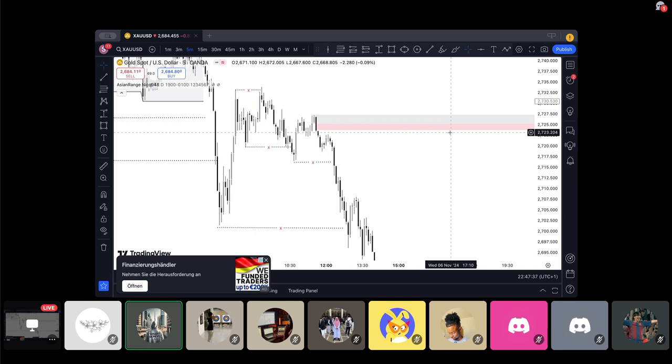You should be paying more attention to going short and getting sells instead of buying. Those are the type of trades we should be looking for. And the reason why I really like this supply zone right here is because we had an inducement up here, and then price changed character and gave us a break of structure.